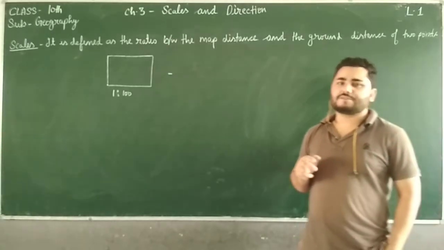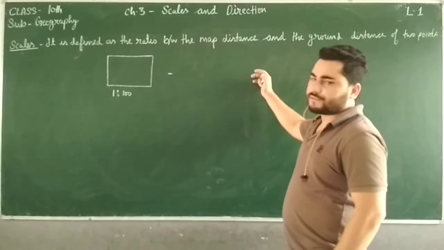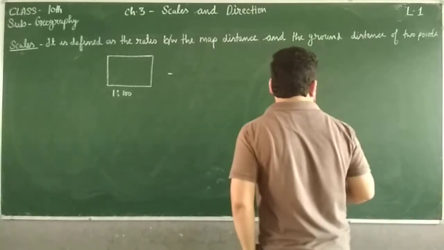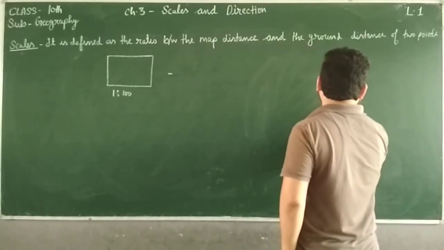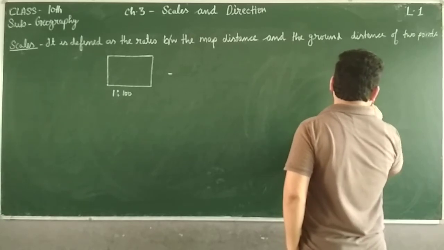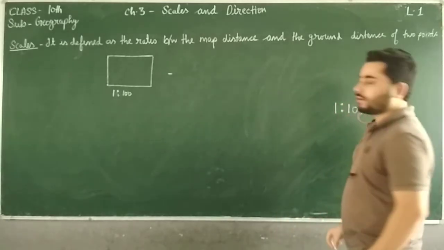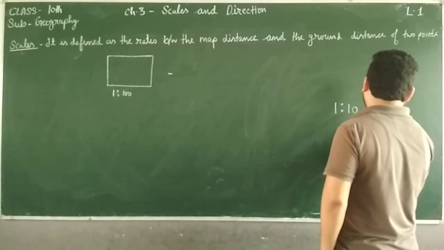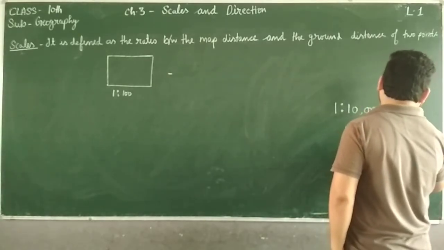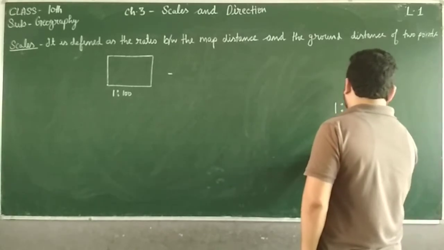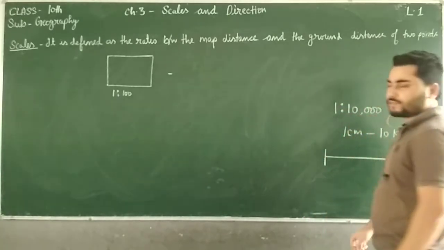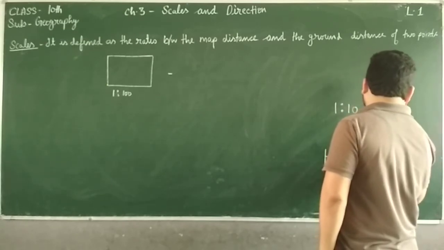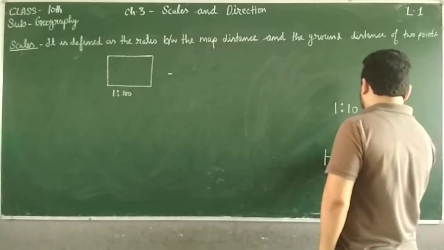Now you must have seen that on a map, downside something is written like this, 1:1000, or sometimes it is written 1 centimeter equals 10 kilometer, or sometimes one line is drawn like this, which is having divisions here and here.